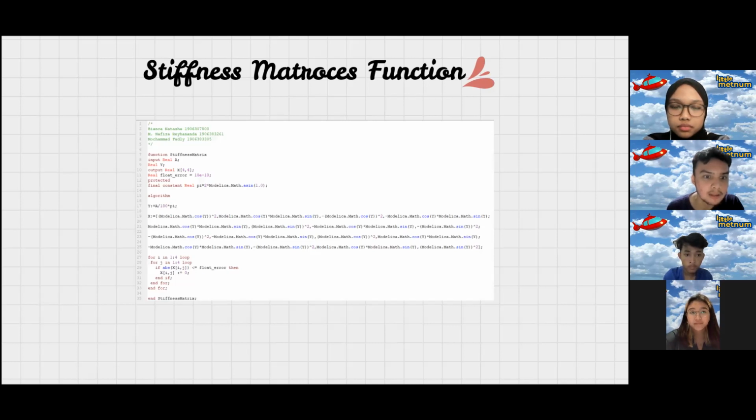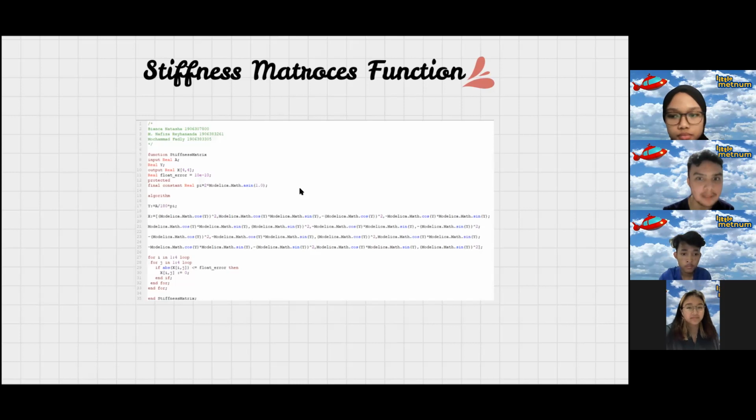Protected final constant real P equal to 2. And then we can open it. We have to write the code modelica.math.async to open it in OpenModelica, etc. And that's all for the matrix function.